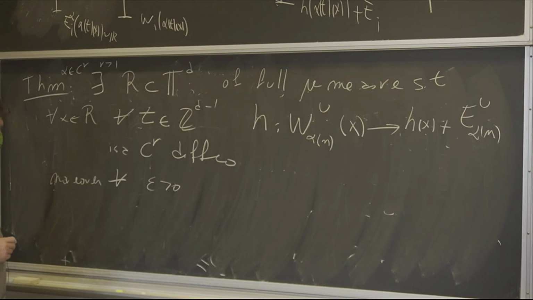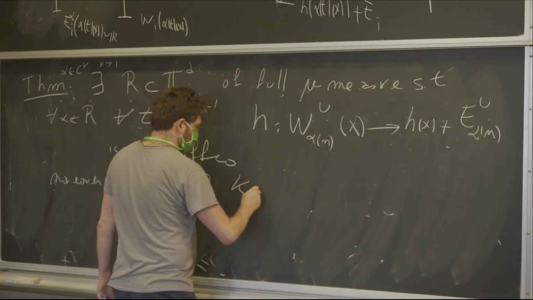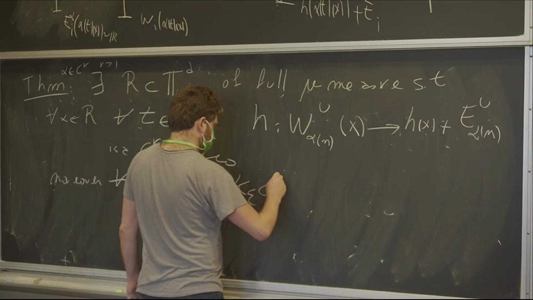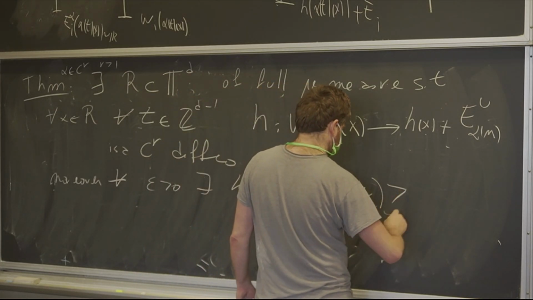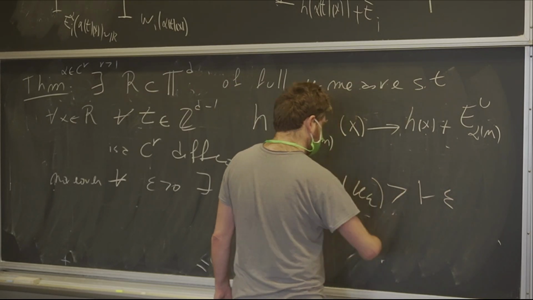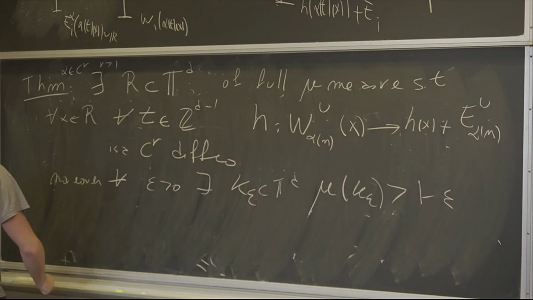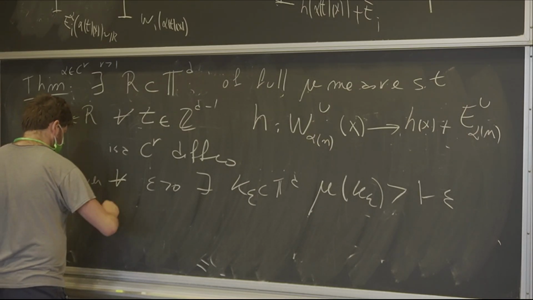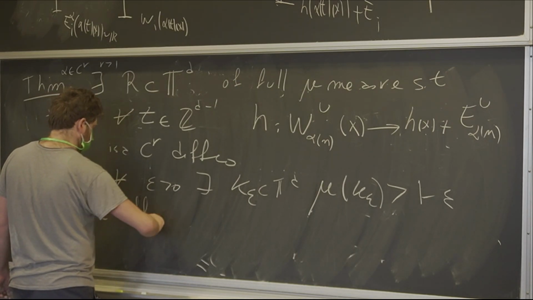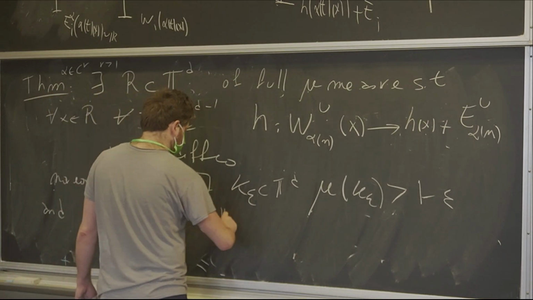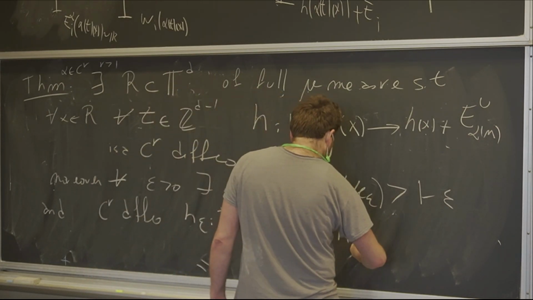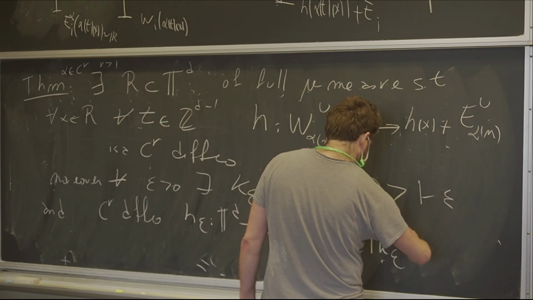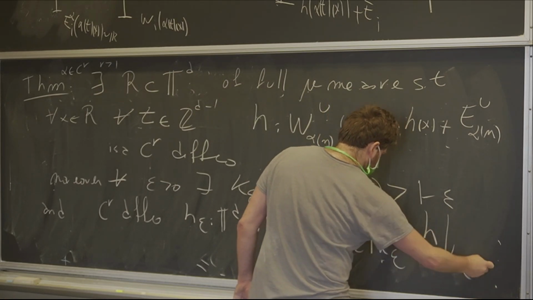Moreover, for every epsilon positive, there exists K epsilon in TD with mu larger than 1 minus epsilon and a CR diffeo H epsilon from TD to TD such that H epsilon restricted to K epsilon equals H restricted to K epsilon.